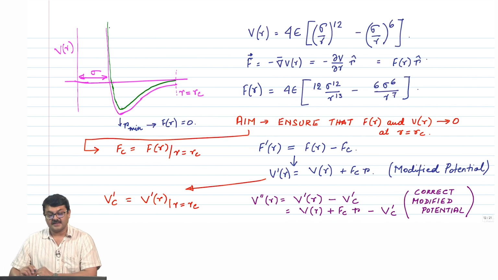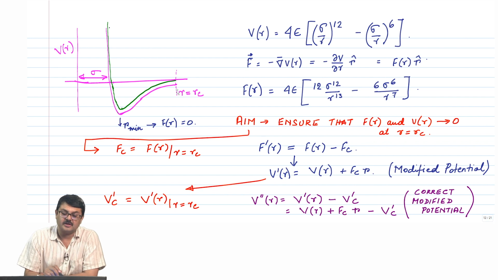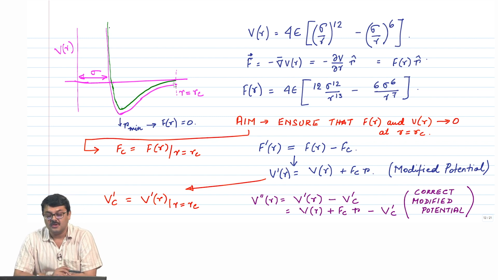In the last class, if you remember, we were discussing that if we cut off the potential at r equal to r c, you would get a discontinuity of the potential, but you could then shift the potential so that it goes smoothly to 0, but still the force does not go smoothly to 0.